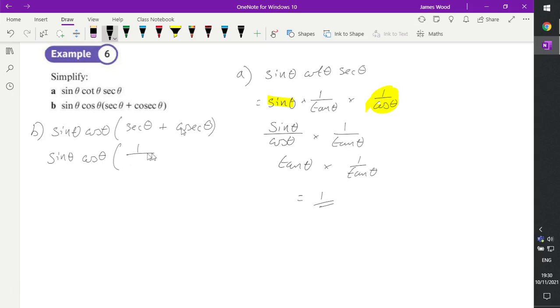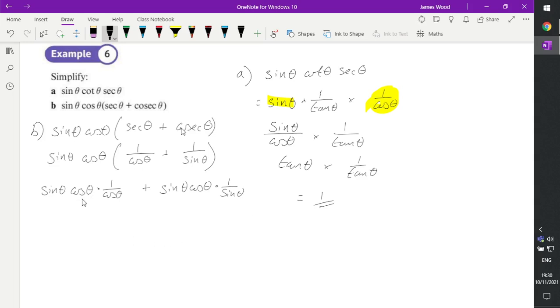Sec theta is 1 over cos theta, plus cosec theta, that is 1 over sine theta. Now if I expand this out, the first term would be sine theta cos theta times 1 over cos theta, plus sine theta cos theta times 1 over sine theta.